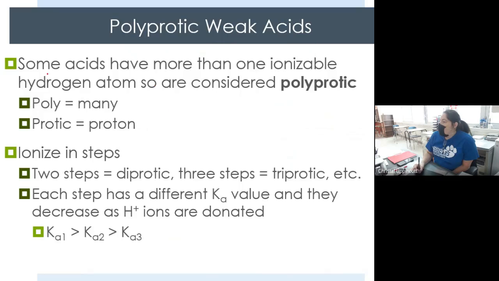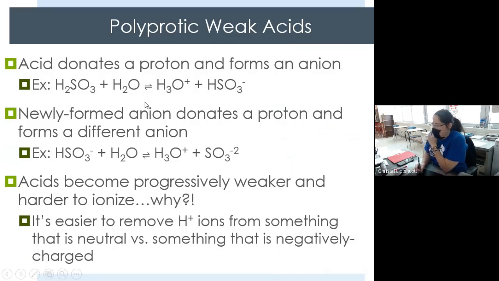All right. We also have what's called polyprotic weak acids. So poly means many, protic means 1. And as we start pulling these hydrogens off, these Ka values get less and less. Citric acid, for example, or do I have an example on the next slide? Maybe I've got one. Oh, here.